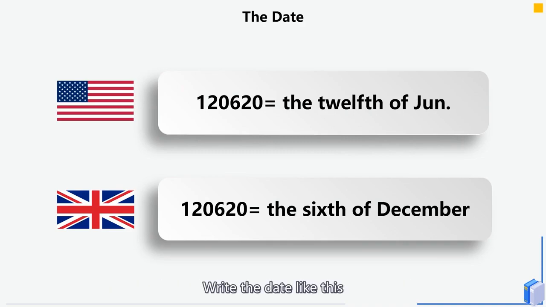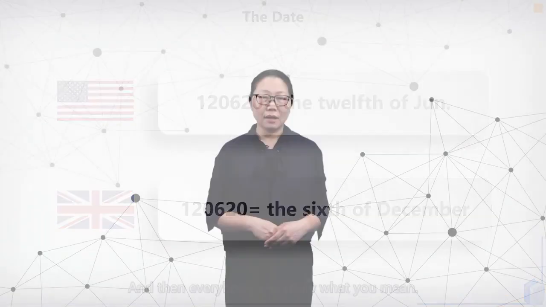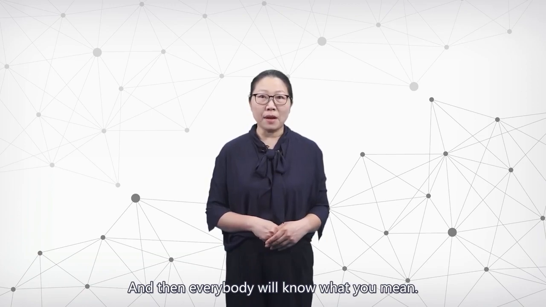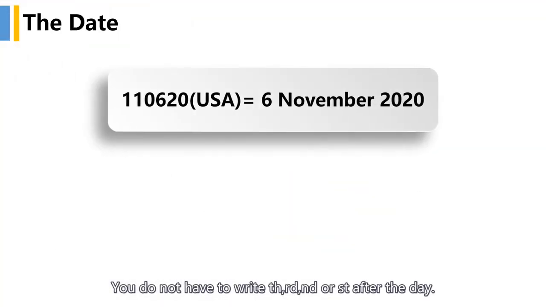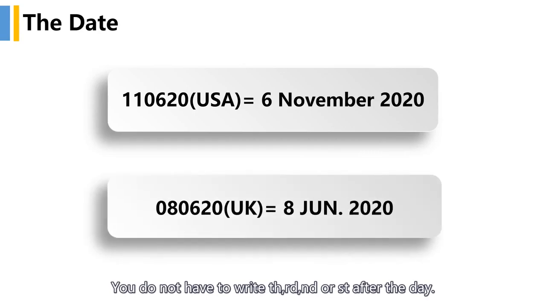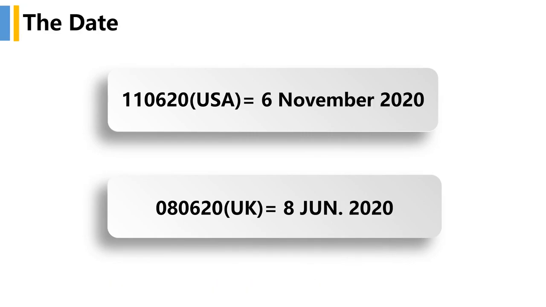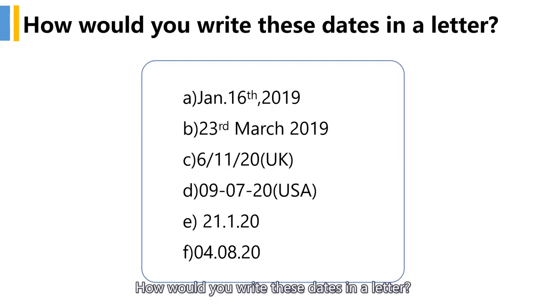Write the date like this, and then everybody will know what you mean. Remember to use a capital letter for the month. You do not have to write TH, RD, ND, or ST after the day. How would you write these dates in a letter?